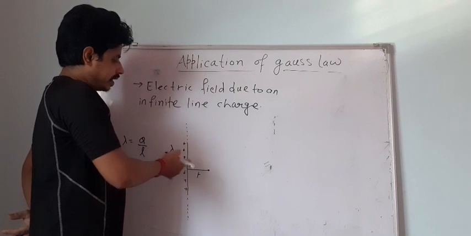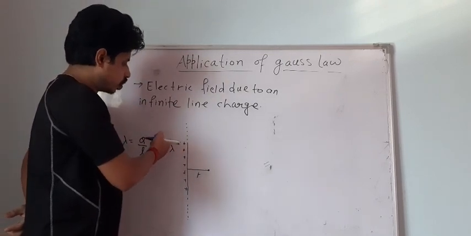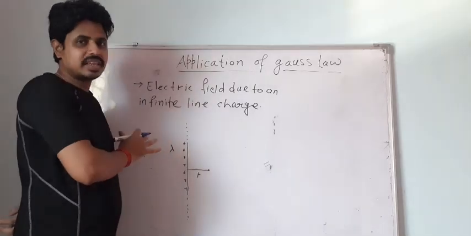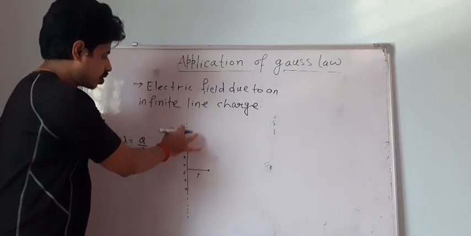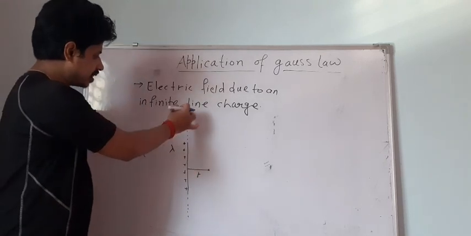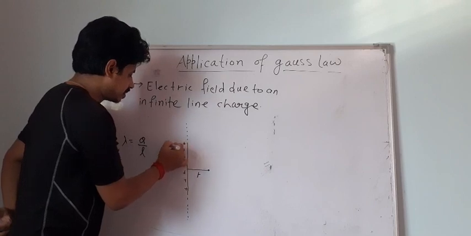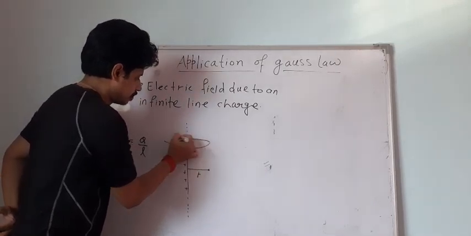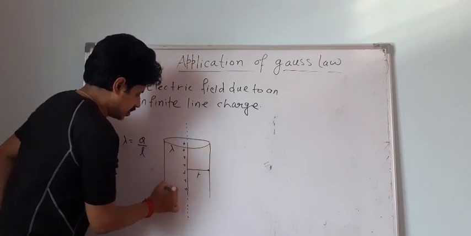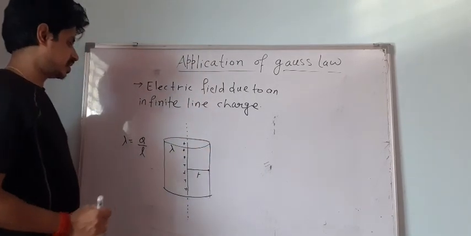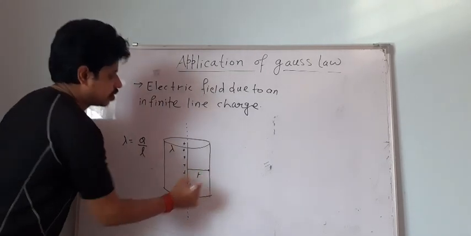So in order to keep the electric field constant, I will choose an equidistant surface, a surface whose all points are equidistant from this wire. So keeping this wire as an axis, I will construct a cylindrical surface. And the point must be lying on the surface.